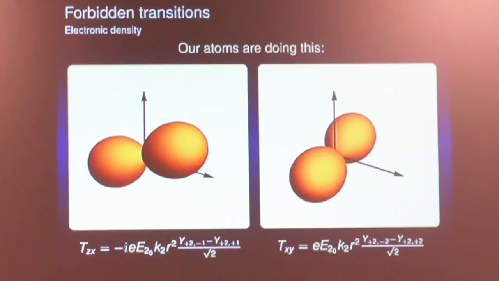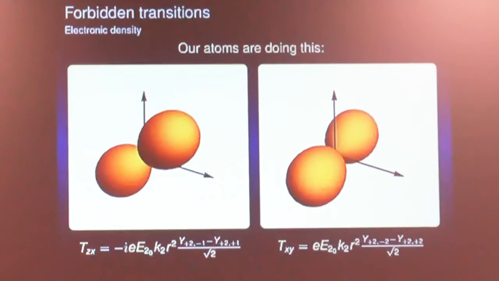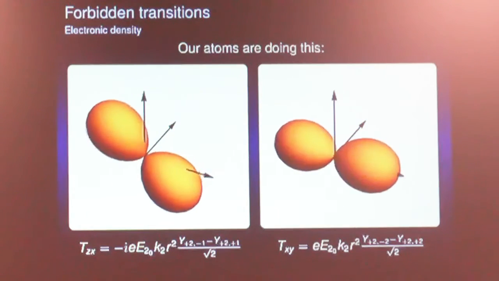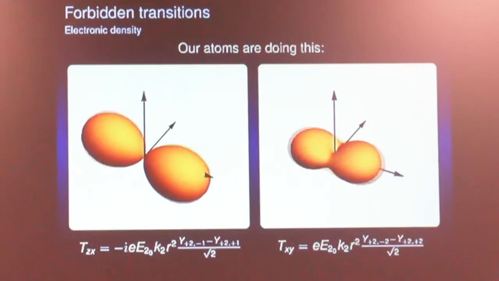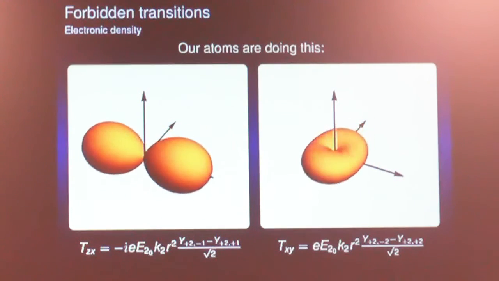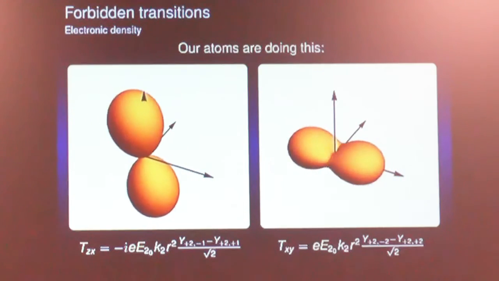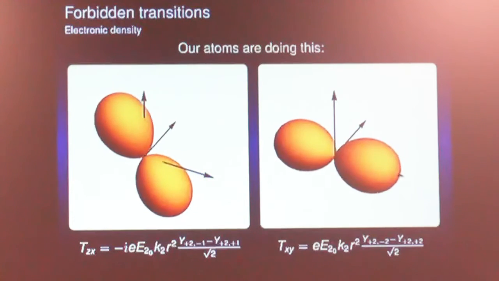And so we think that our atoms are essentially doing that. That's the charge density as a function of time, and that follows these different selection rules for perpendicular and parallel polarizations. And so Fernando is next.